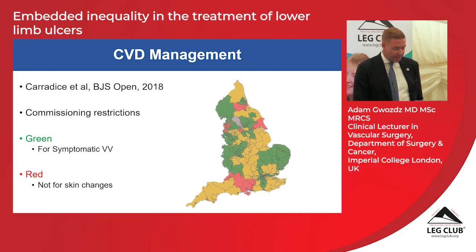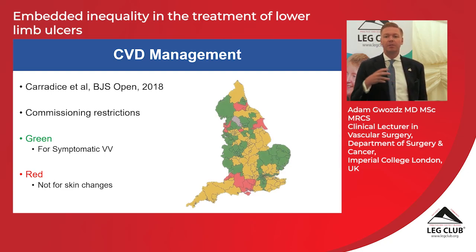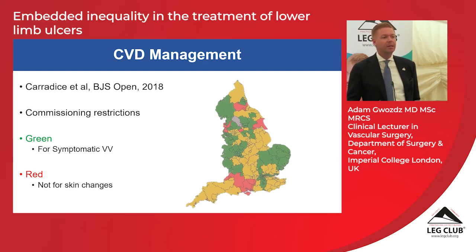The red areas represent areas which don't commission for C4 level disease or even ulceration. So if patients were identified with skin changes or active ulcers, they would need to seek special measures to get funding for the interventions they needed in these areas.